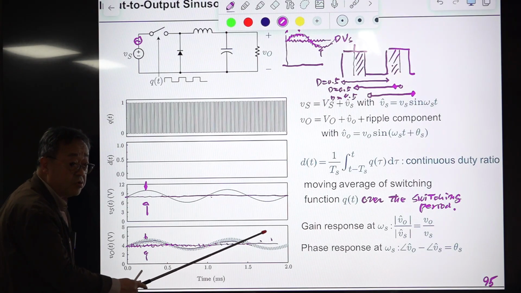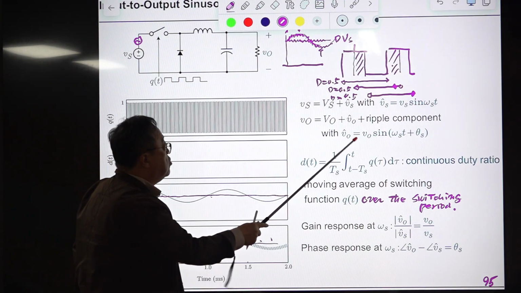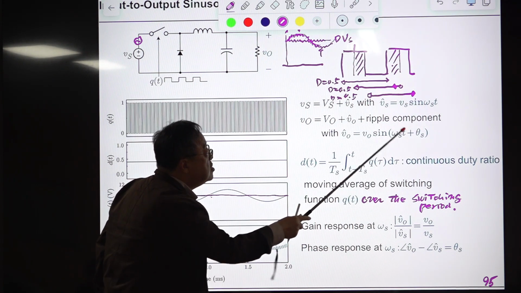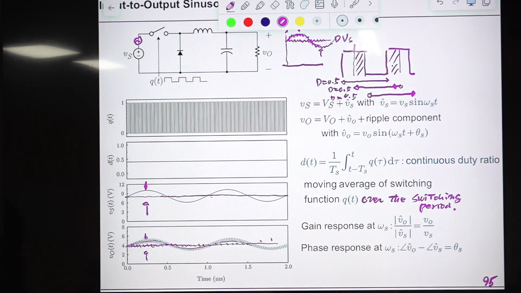Okay, this is true, and so it has this and this ripple component. When we analyze this, we ignore this, and we ignore this term. The remaining term is this, and the output is this one, and the input was this one.